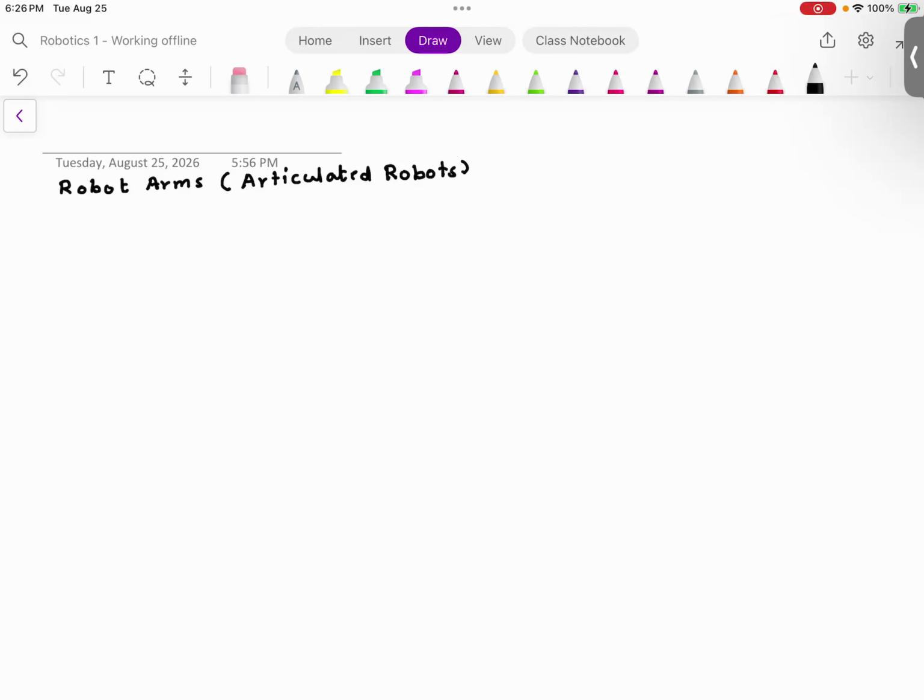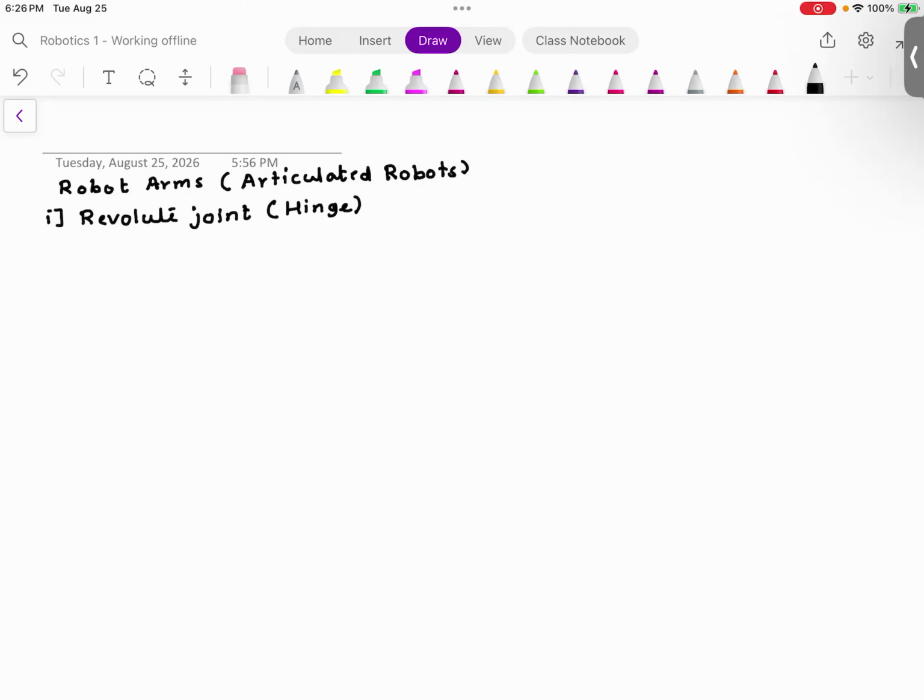So you have multiple joints. In robotics, there are two types of joints. One is a rotary joint or the hinge joint. That is called a revolute joint. The revolute joint is nothing but a hinge.